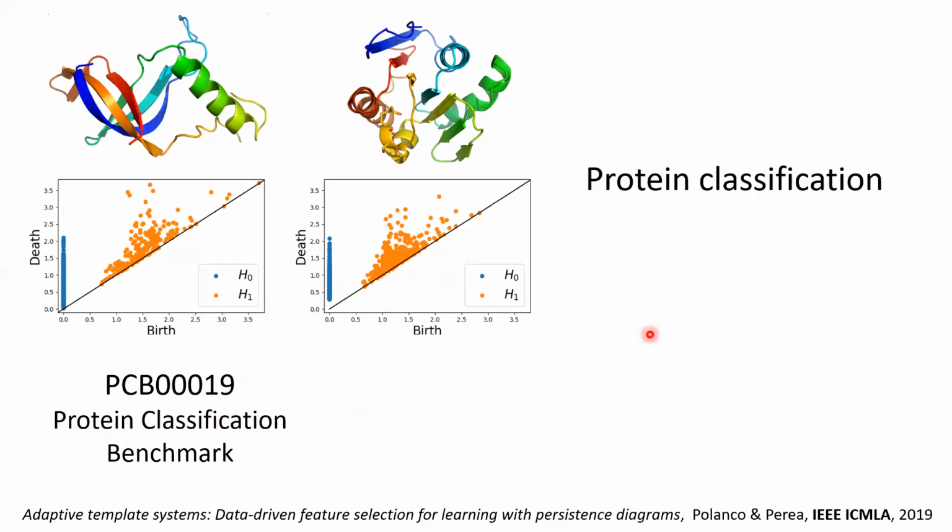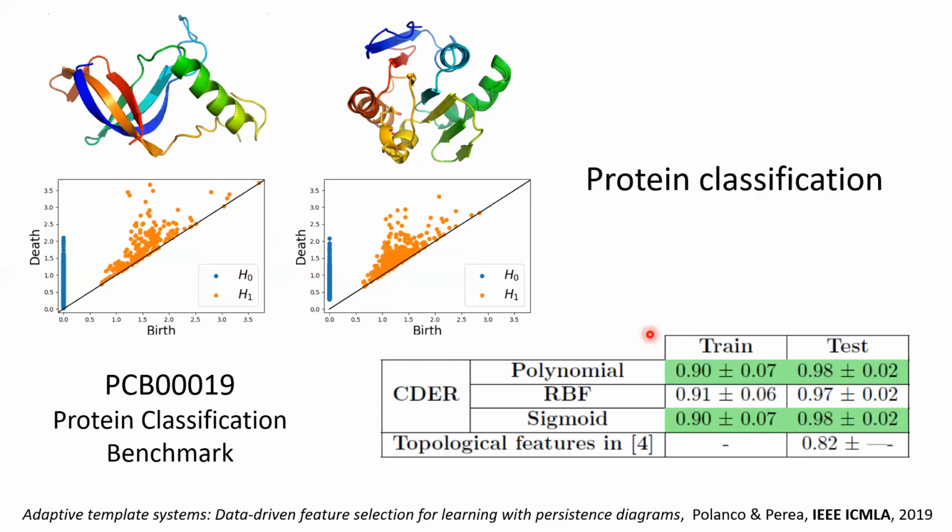What we showed is that using some topological features, these are the lines in green, we obtain up to 98% classification accuracy over several tasks in classification of proteins. And this bumps up the previously known results from 82% accuracy to our 98% accuracy.